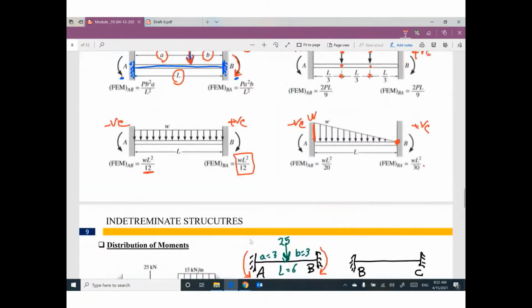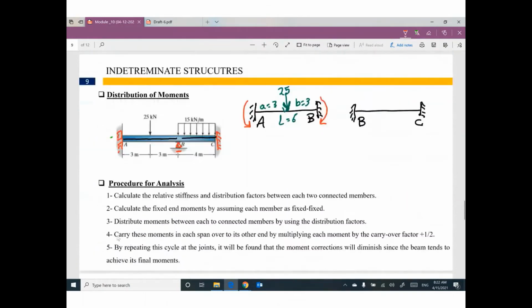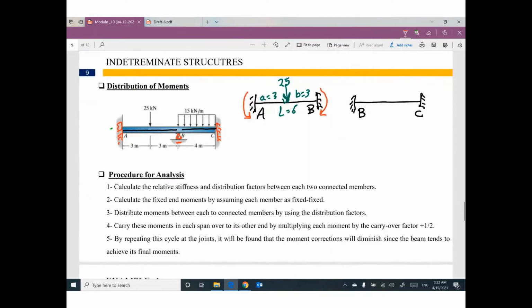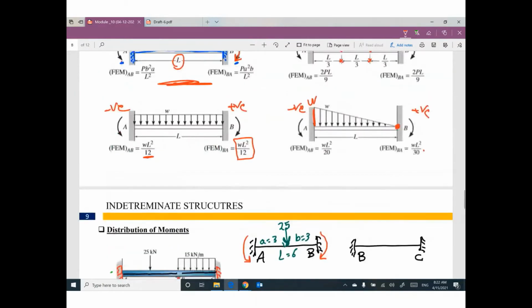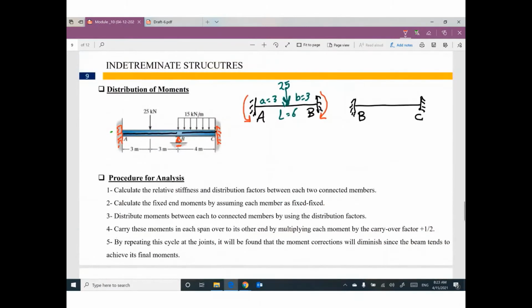In this case, concentrated load over fixed members, your moment will be 25 times A squared times B divided by L squared.